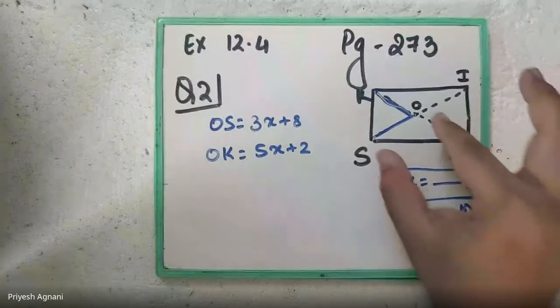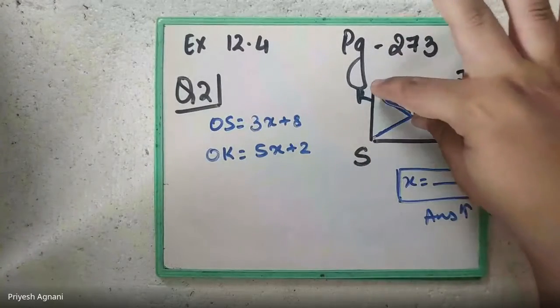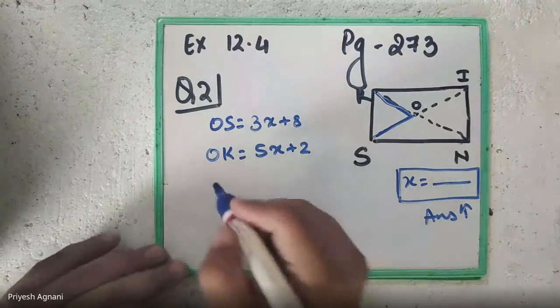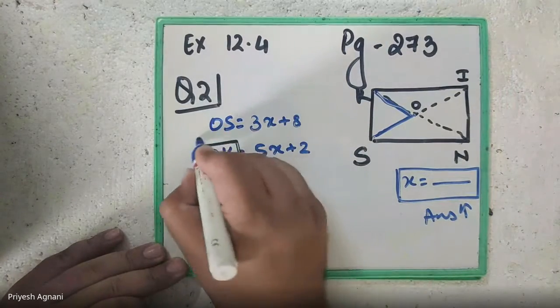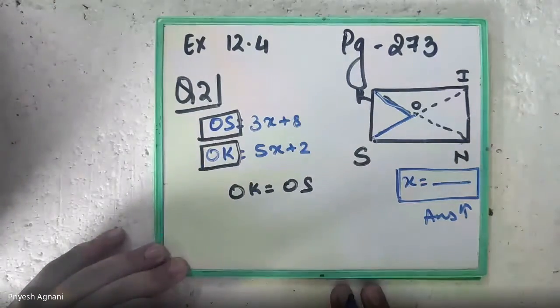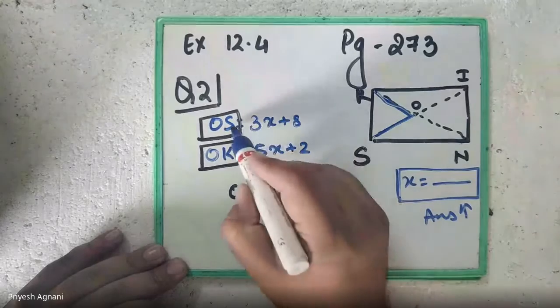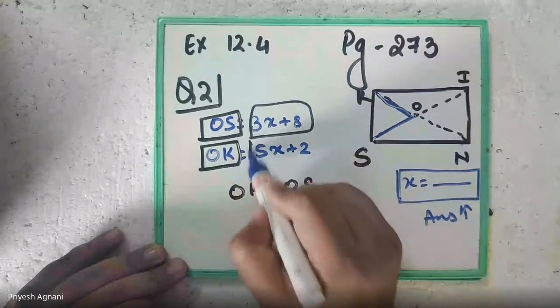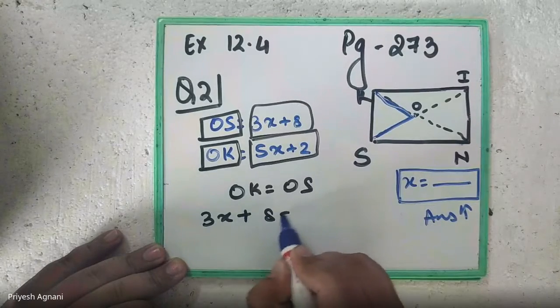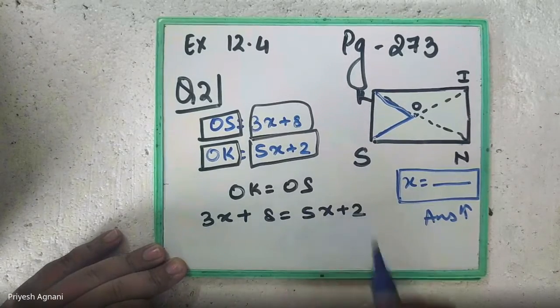Diagonals का आधा आधा करते हैं तो this diagonal का आधा is equal to this diagonal का आधा. So we know that here we have OK is equal to OS, right? तो अगर ये दोनों इक्वल हैं तो this is also equal to each other. So we write down 3x plus 8 is equal to 5x plus 2.